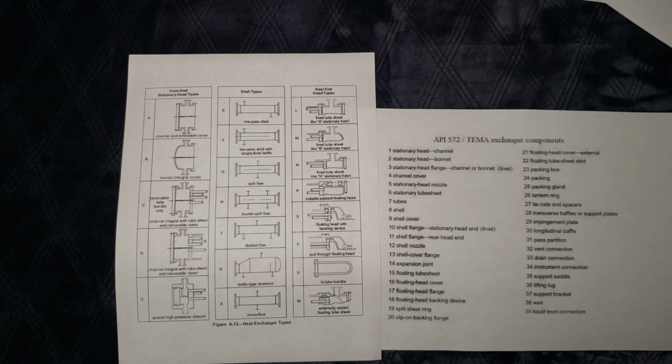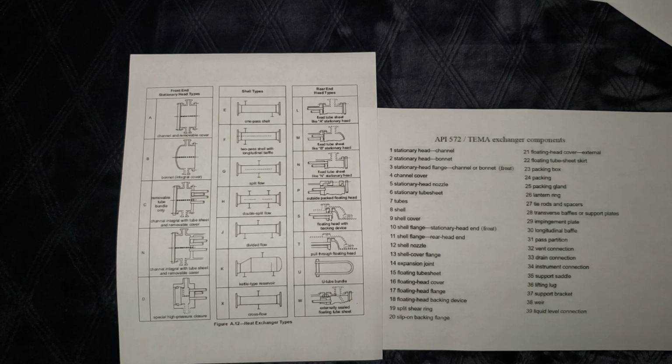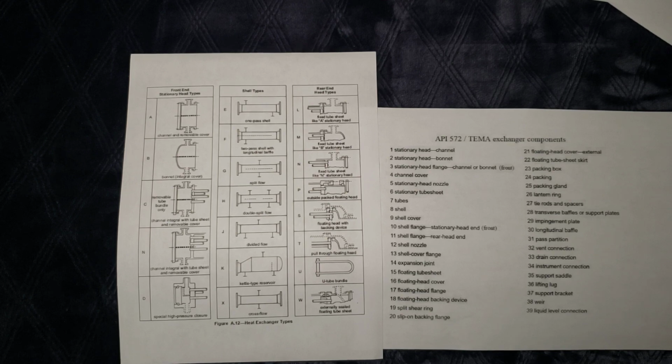And I wanted to go over that with y'all in a video today to help explain to him, and hopefully others, there is an established method that makes it easy to describe heat exchangers.